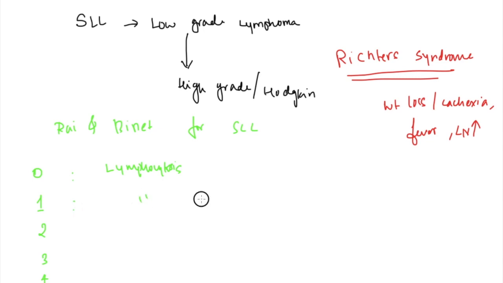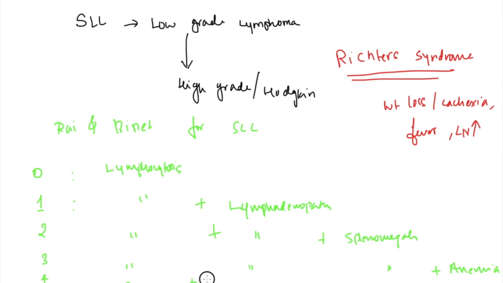Next is lymphocytosis with lymphadenopathy. Stage 2 is lymphocytosis with lymphadenopathy with splenomegaly. Stage 3 is this with this with this and anemia. Stage 4 is all of this plus anemia plus thrombocytopenia, basically decreased platelets.